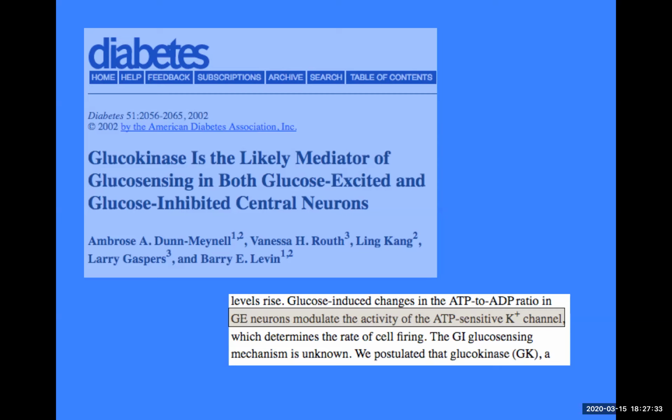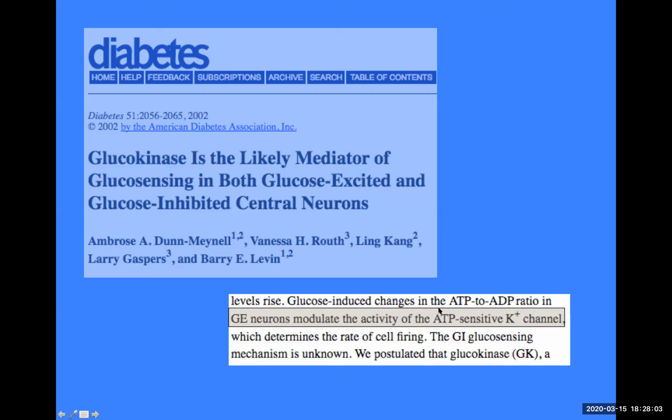Potassium can't leak out, so there's more potassium on the inside. The cell is a little bit more positive and therefore depolarized a little bit. So when you have more glucose around, there's more ATP, that potassium channel closes, the cell is more likely to fire.